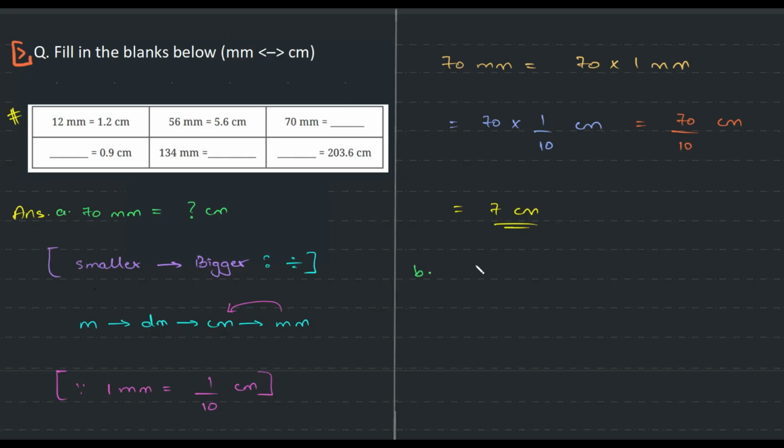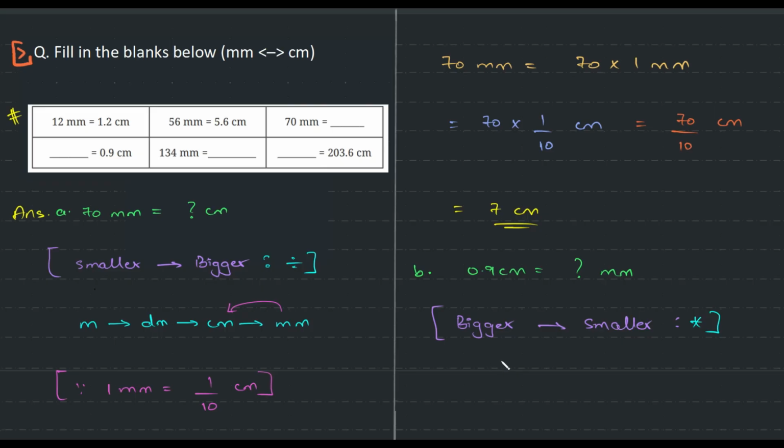So dash, or 0.9 centimeter is equal to how many millimeter? So same line of thinking. Is it smaller to bigger or bigger to smaller? We are moving from bigger to smaller. And so we have to multiply.